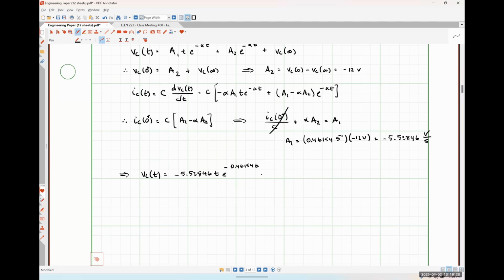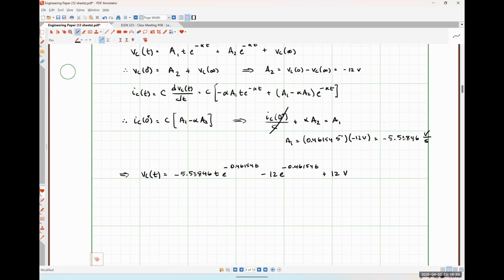So I'm just going to do minus 12 e to the negative 0.46154 t plus VC at infinity, which was 12 volts. Okay.